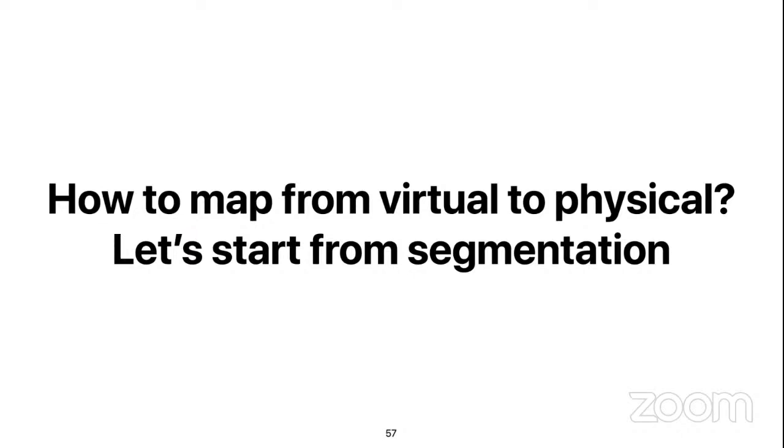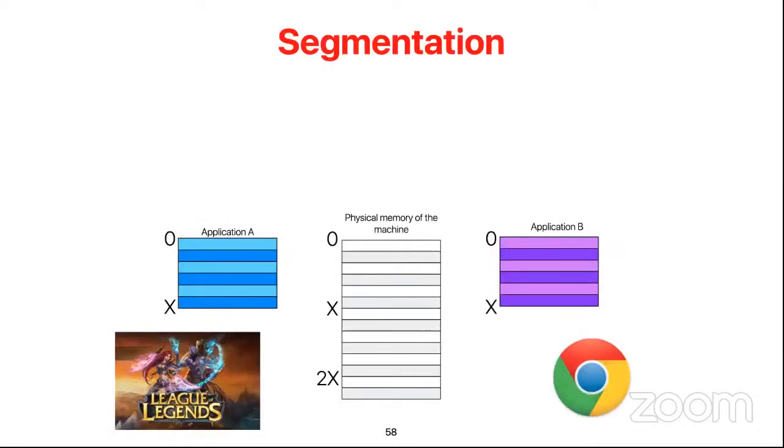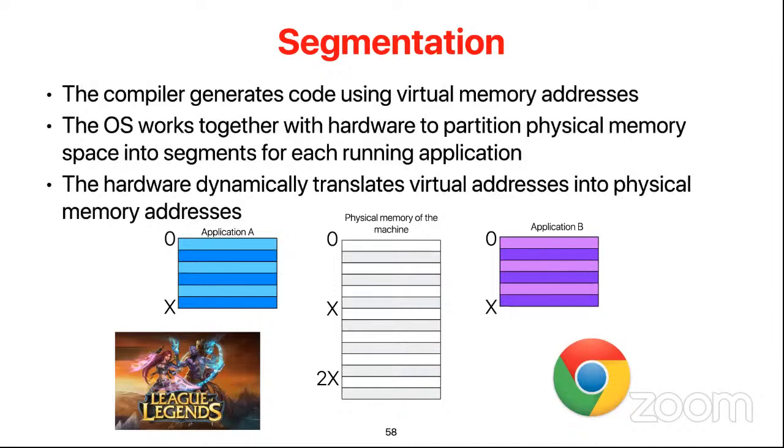A lot of you might already know that the mechanism we are using mostly right now is so-called demand paging. But before we go into the detail of demand paging, I still want to start from the oldest abstraction that we talk about, that is segmentation. The basic idea of segmentation is that the compiler will generate the code using the virtual memory address space, and the operating system will partition your physical memory into segments for each running application.